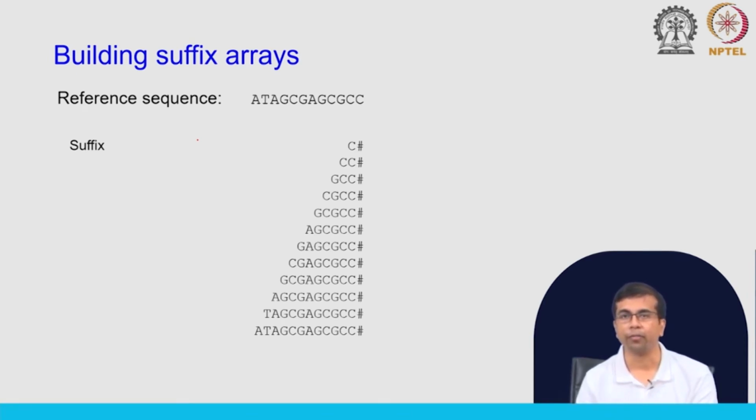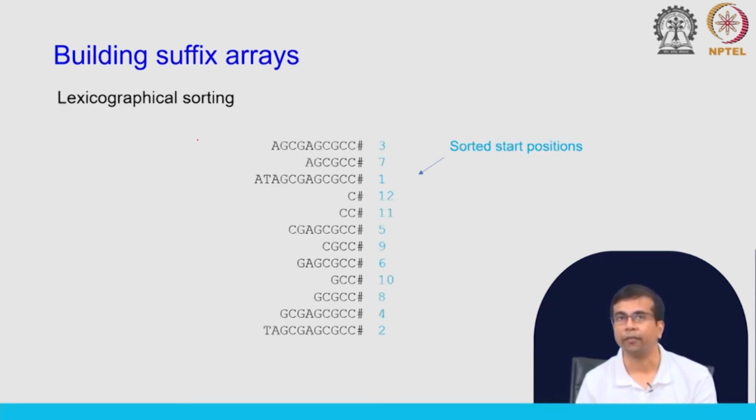So, we sort these suffixes lexicographically, and we also have the start positions. We can map the start position of each of these suffixes along with the suffix sequences, and then do a lexicographical sorting.